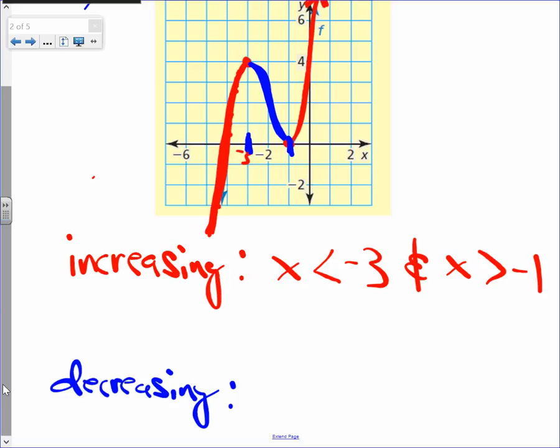Between here and here. So it's decreasing. It's going down after x is greater than negative 3. So x has to be greater than negative 3. Look at this. X is greater than negative 3 and less than negative 1. That's where it's decreasing. A little window there of decrease in blue. So we're focusing on x values only here when we're describing increase and decrease. That's the moral of the story here.